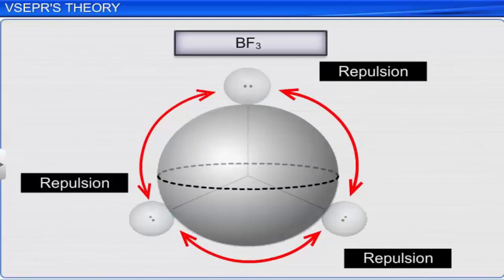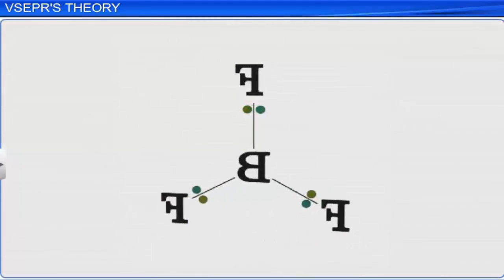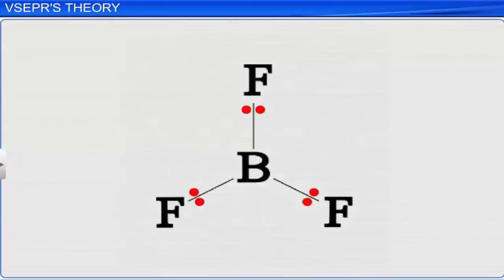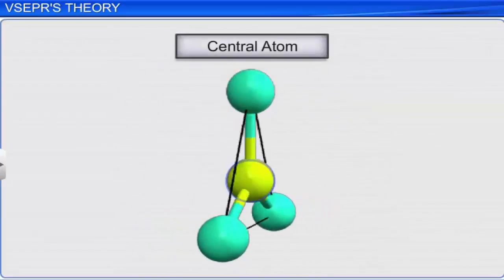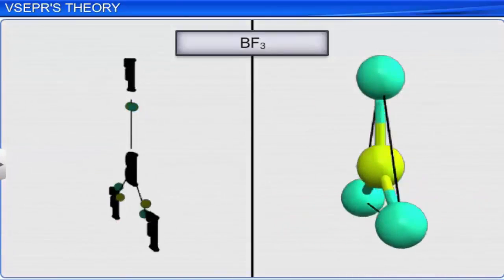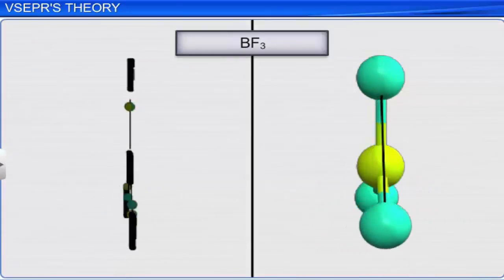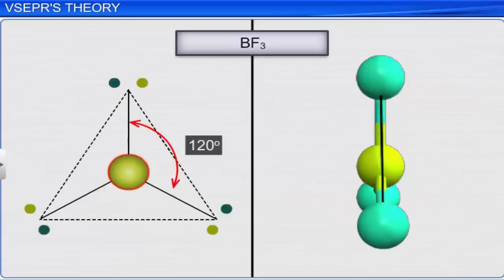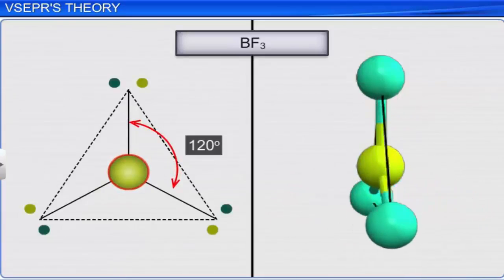The shape of a molecule depends upon the number of valence electron pairs and their arrangement around the central atom. The geometry of a molecule in which the central atom does not have a lone pair of electrons will be regular without any distortion.